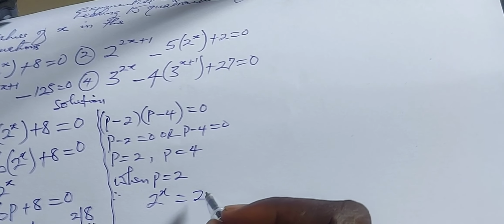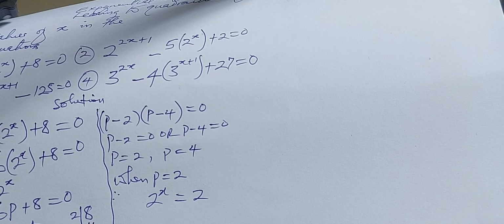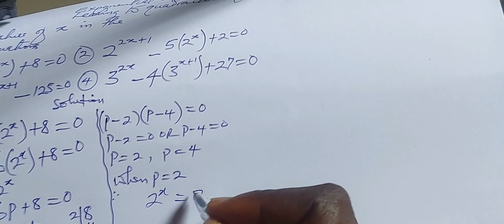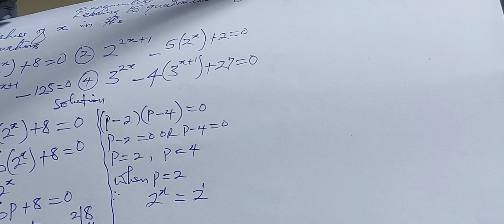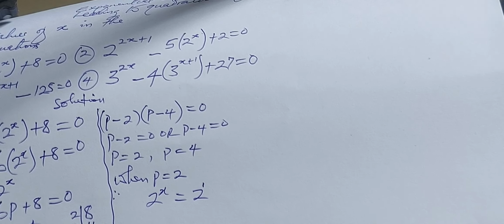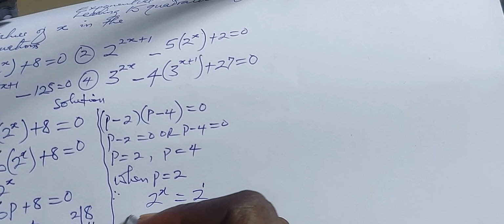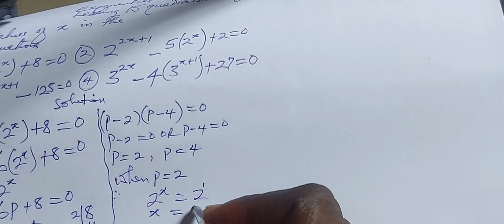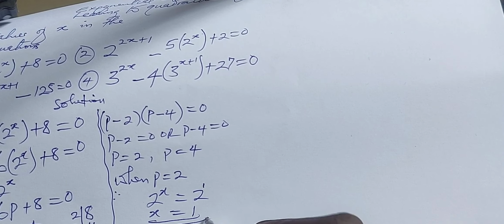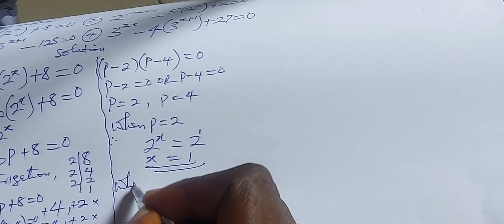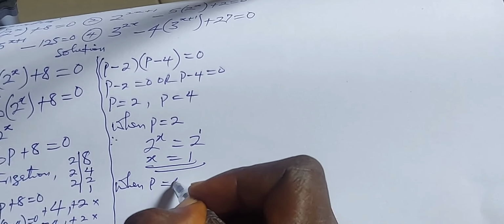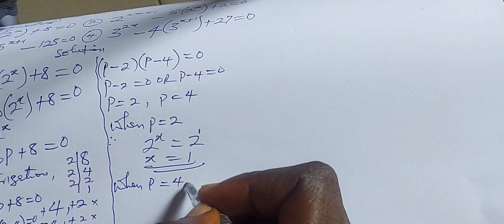This is already an index equation. And so we can make this one to be raised to the power of 1. 2 raised to the power of 1 is the same thing as 2. So we have x equals 1. That is the first value of x. So when p is equal to 4, what is our x?